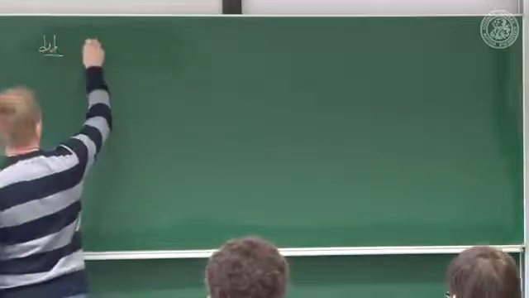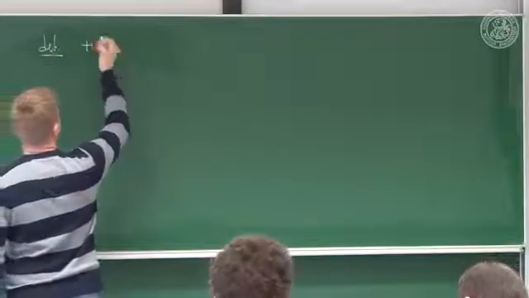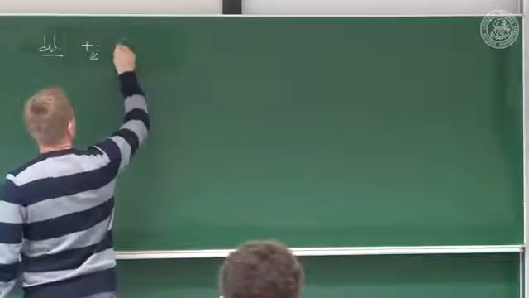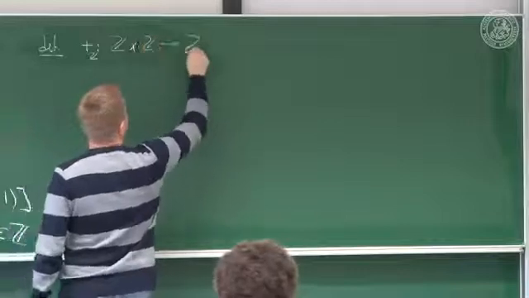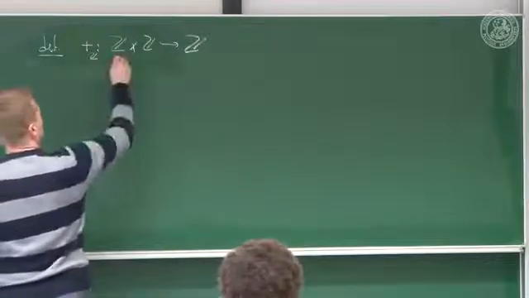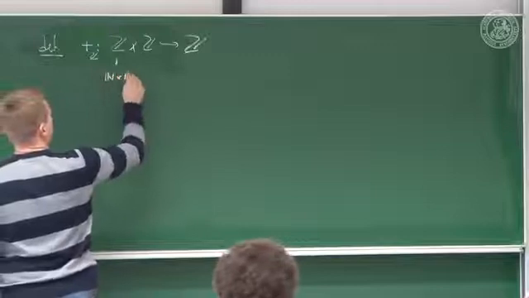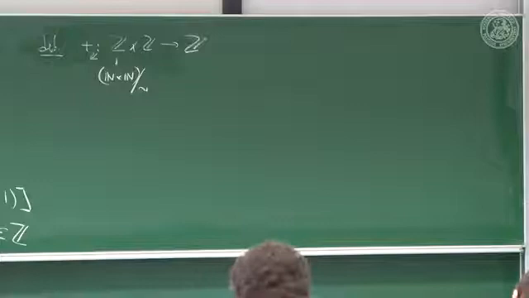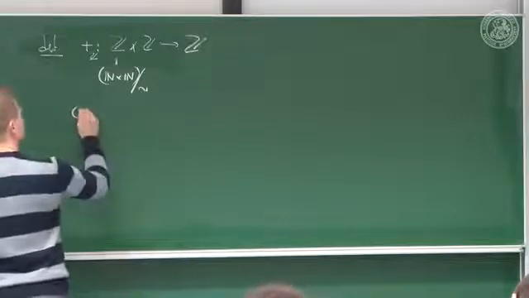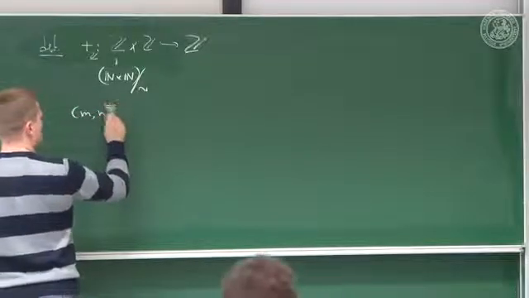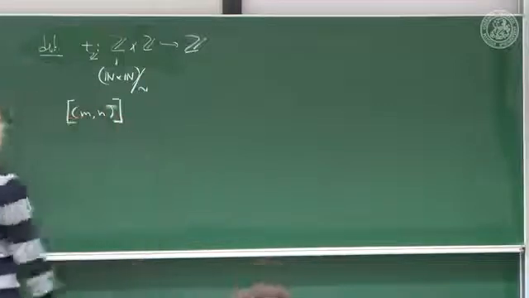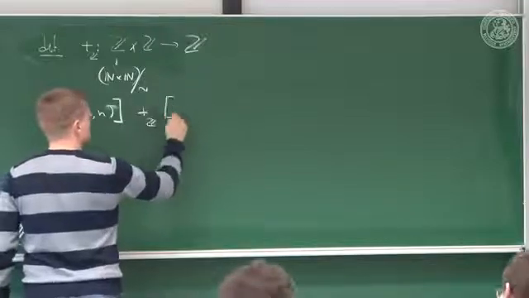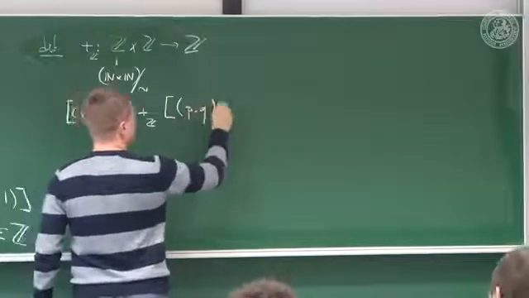So, definition. We want the plus on Z, well, plus subscript Z, from Z cross Z to Z. But we know that Z is N cross N, Cartesian product, modulo twiddle, and so on. So what we actually have to write down is the equivalence class of (m, n), because that's an element of Z, then plus_Z the equivalence class of (p, q).